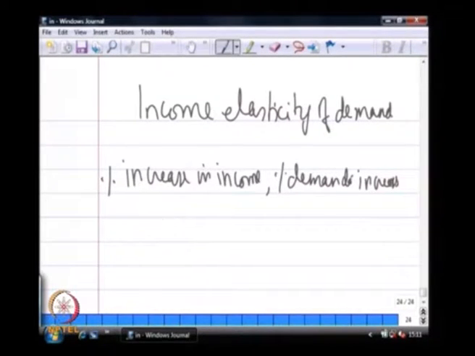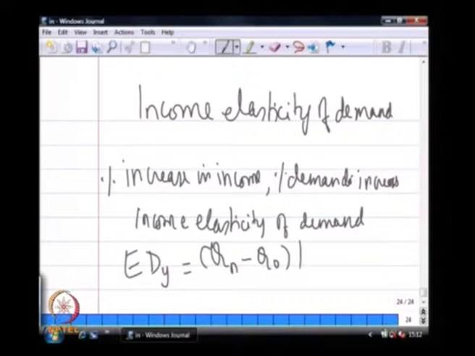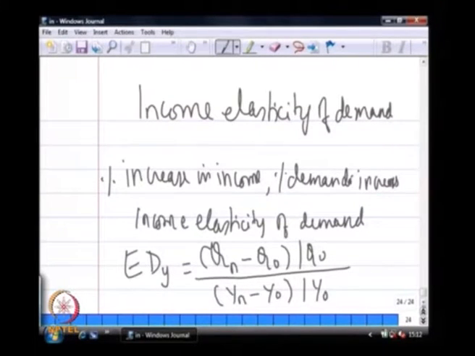The income elasticity of demand, let us say I call it EDY, will be the new quantity demanded minus the old quantity at previous income levels, divided by the old quantity, divided by my new income minus my old income, the incremental income, divided by my old income.